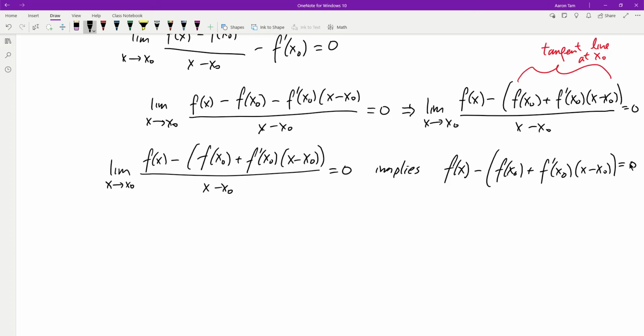But the limit could exist if it ends up having an indeterminate form. And that indeterminate form that we're looking for is 0 over 0. So therefore, this expression equal to 0 implies that it must become an indeterminate form when x approaches x sub 0, and so forces the numerator to have to be 0 also for it to become indeterminate. And therefore, turn into this expression.